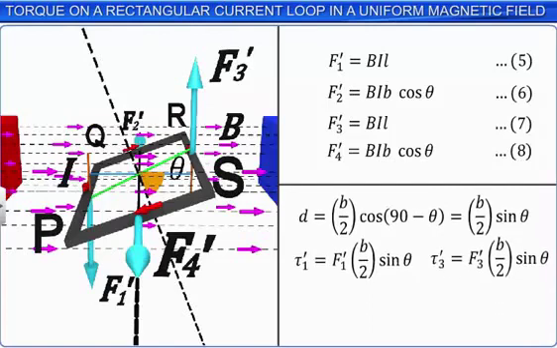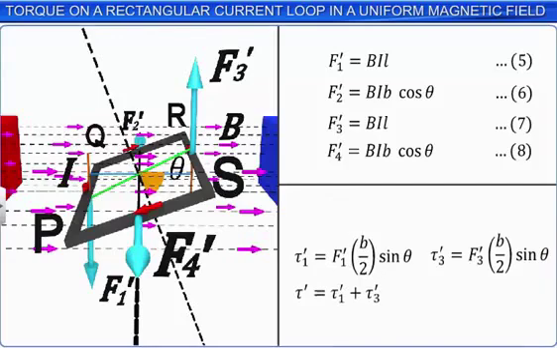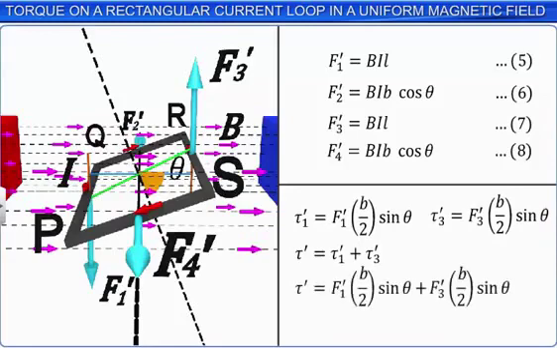Hence, the net torque T' on the loop is given by the sum of T1' and T3'. This is equal to F1' b by 2 into sin theta plus F3' b by 2 into sin theta.